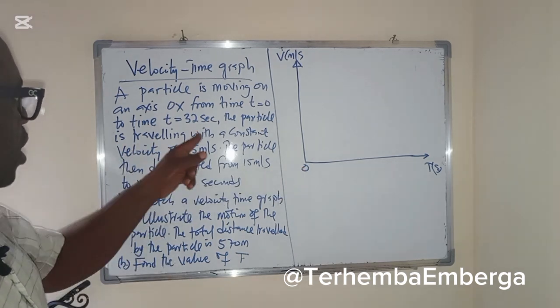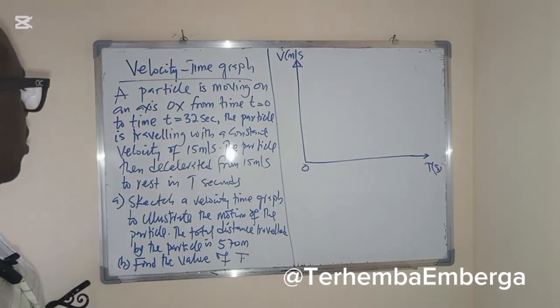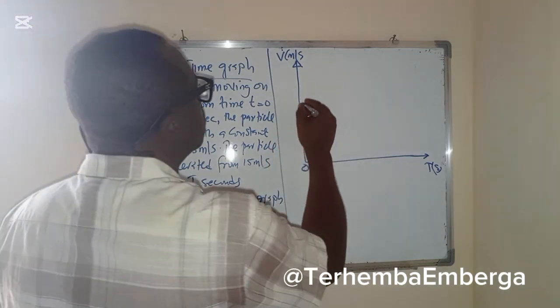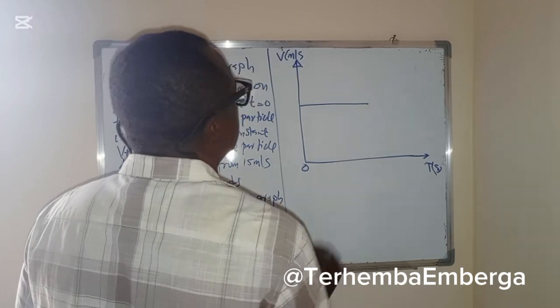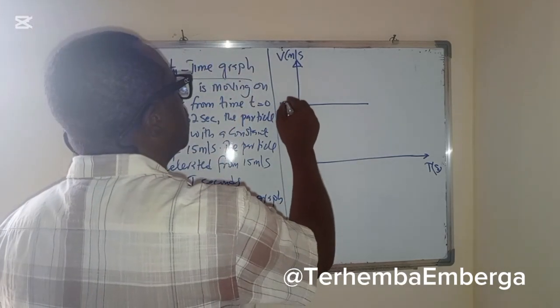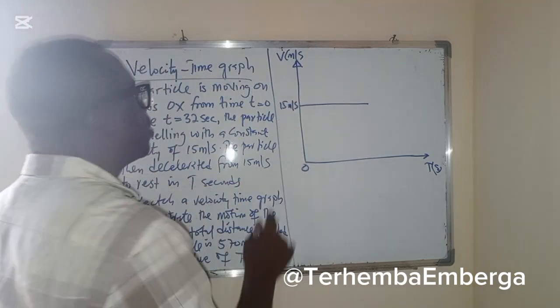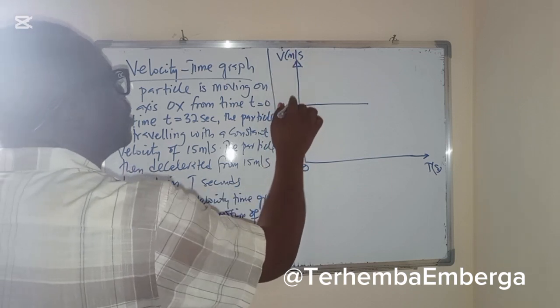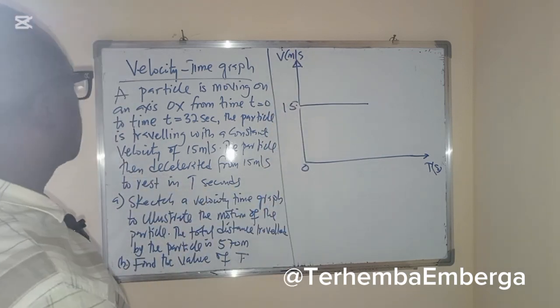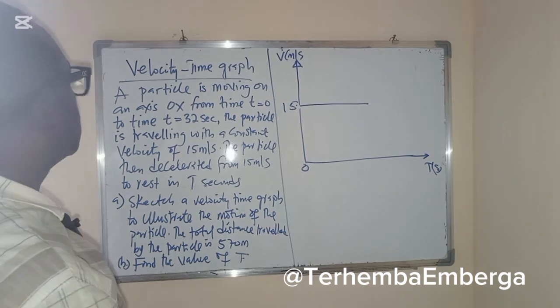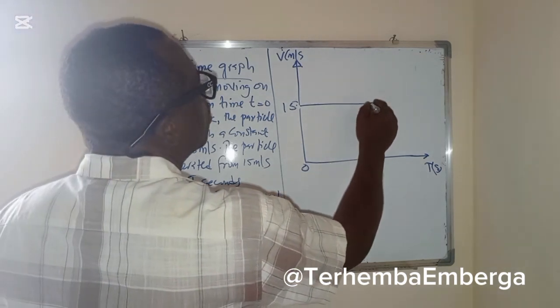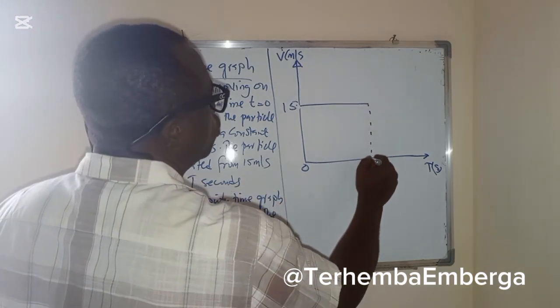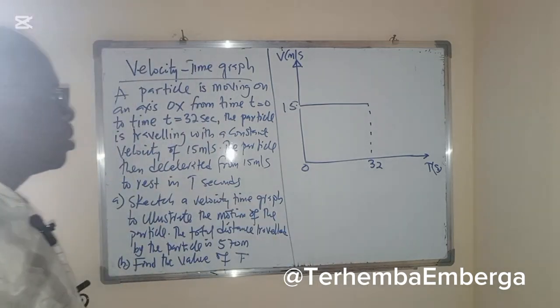And they said the particle is traveling with a constant velocity. This is 15 meters per second, or 15, since we have meters per second there. And the time here is 32 seconds.